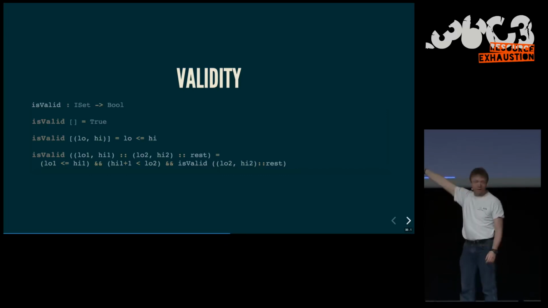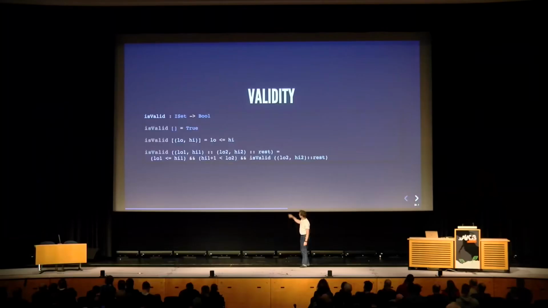That's where it says low 1 is less or equal high 1. Then there should be a gap between two consecutive intervals, otherwise they should be one interval, which is why the high of one interval should be separated from the low of the next interval by at least one. And we also want the rest of the list, including low 2 and high 2, to be valid too. So far, so good? Okay.